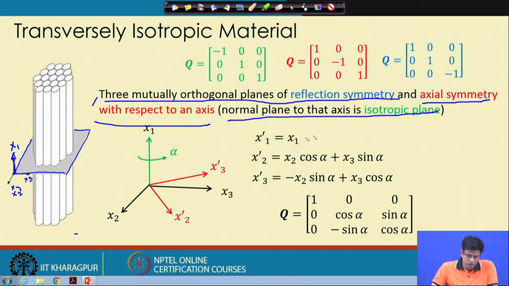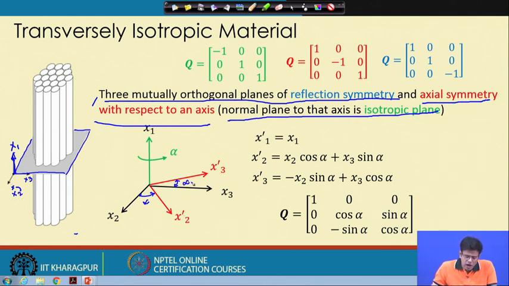Now, with these two assumptions, if I rotate this body about x1 by an angle alpha, then I know the coordinate transformation. The new coordinate system is x1, x2 prime (or x2 dash) and x3 dash.